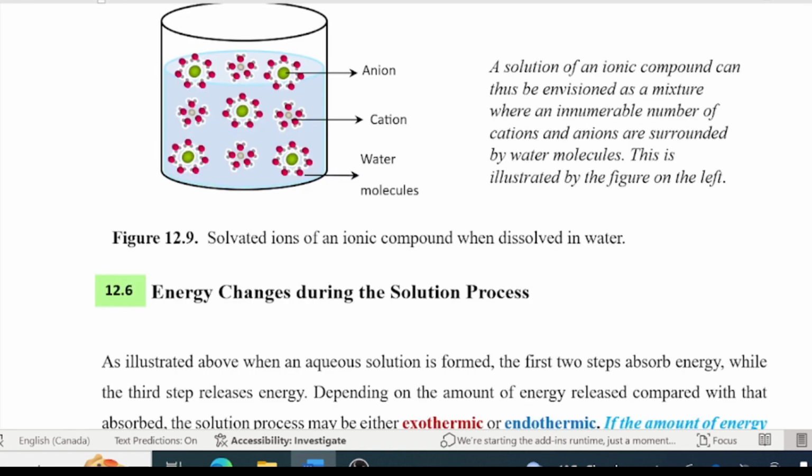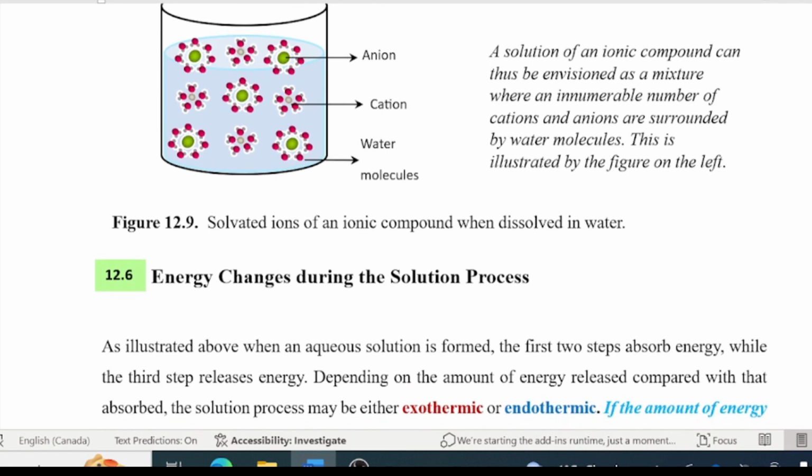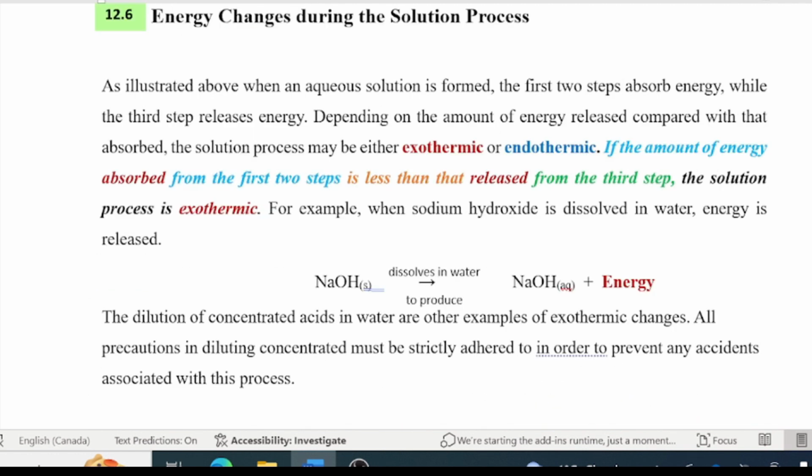Energy changes are significant for us. Now listen to me. The first 2 processes, breaking of the hydrogen bonds and the dissociation process, absorb energy. The solvation there released energy. A solution process can either be exothermic, where heat is produced, or endothermic, where it absorbs energy.